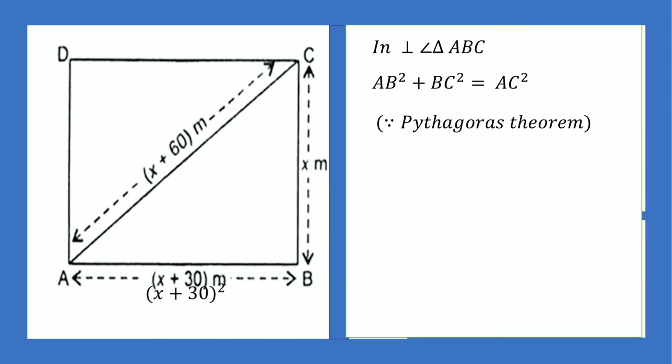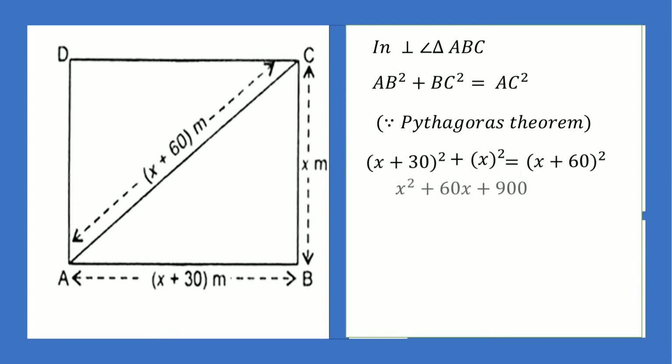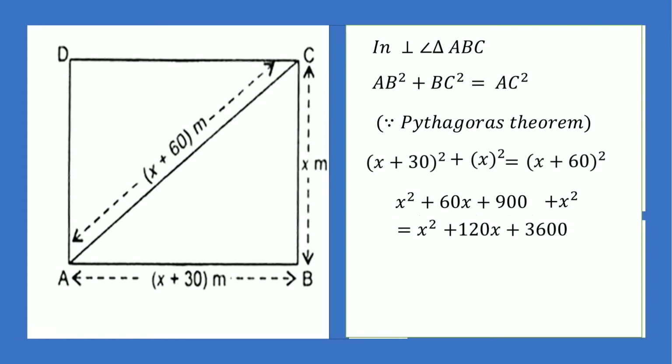Because of Pythagoras, we substitute the respective values: (x + 30)² + x² = (x + 60)². Expanding using (a + b)² = a² + 2ab + b², we get x² + 60x + 900 + x² = x² + 120x + 3600.